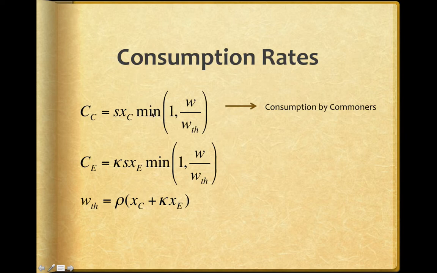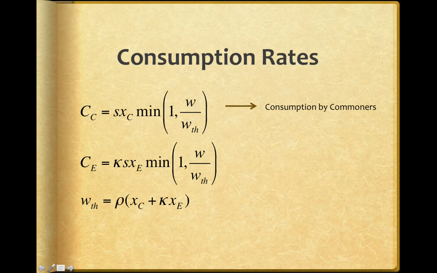And then the minimum between 1 and this ratio, again, of wealth by some threshold wealth. This is meant to imply that if there's plenty of wealth, this ratio will be larger than 1, then consumption is basically salary times population. However, if you start running at values of total wealth in the system that are lower than that threshold, then the system reduces consumption.